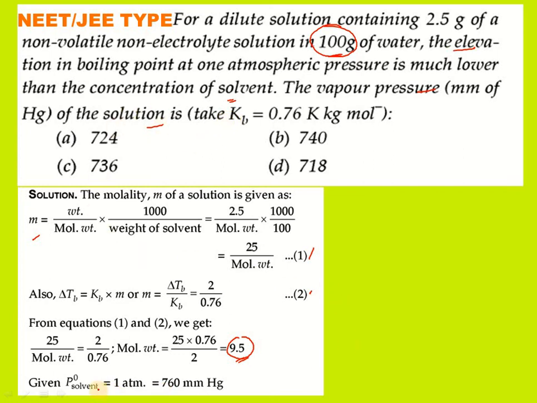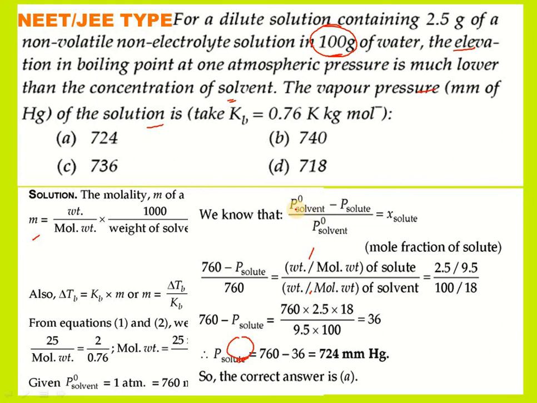Now we know that vapor pressure at 1 atmosphere is equal to 760 millimeters. According to Raoult's law of dilute solutions, (P naught solvent minus P solution) by P naught solvent is the mole fraction of solute. In this, the molecular weight of the solute we calculated is 9.5, and the weight of the solute given in the problem is 2.5, so the number of moles is 2.5 by 9.5.